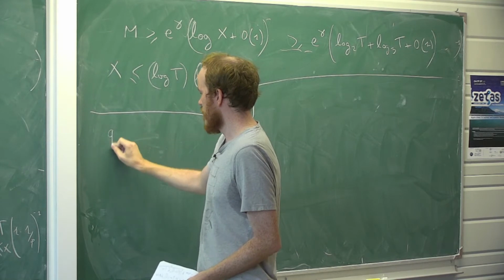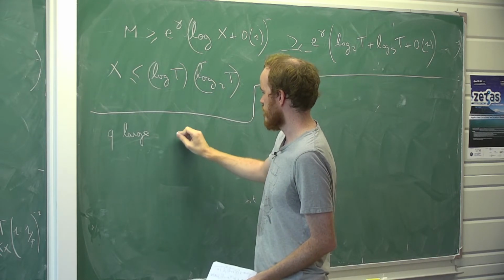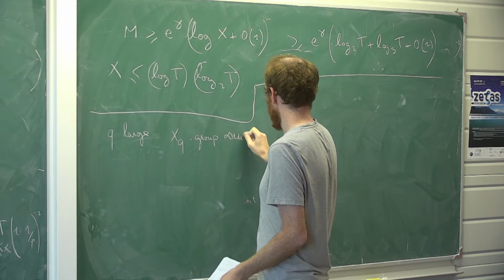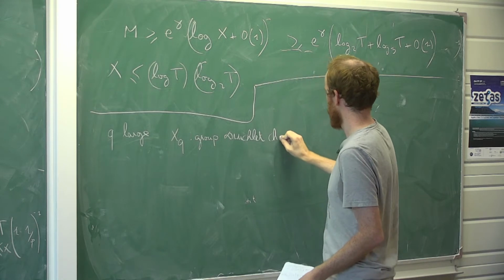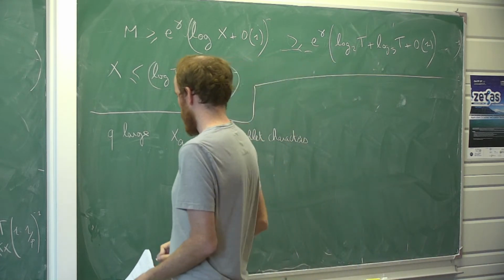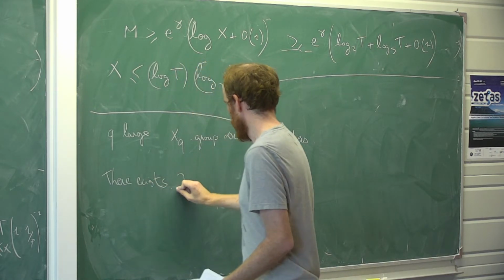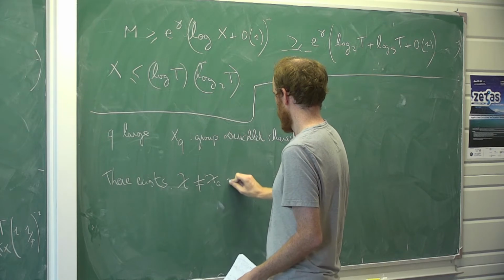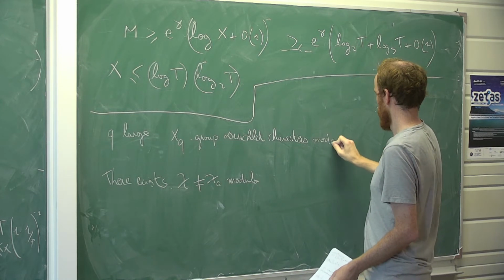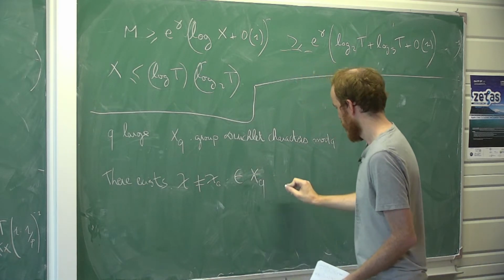So if I take Q large, and I look at the group of Dirichlet characters, we can prove that there exists a non-trivial character modulo Q.